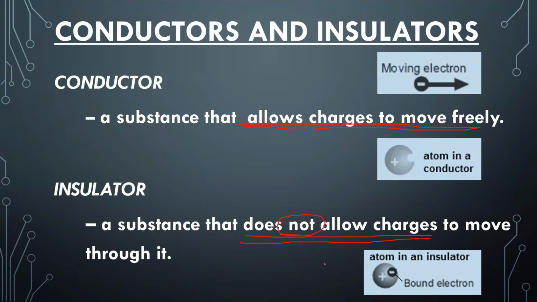An example of a conductor substance is, if you cut a wire, inside the wire there is a metal, which is commonly copper.